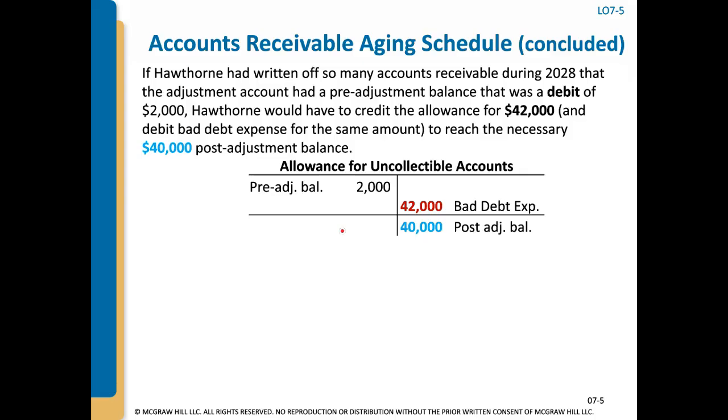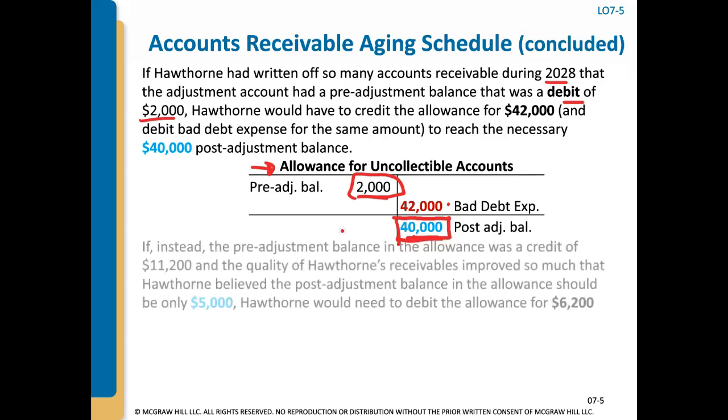If Hawthorne had written off so many accounts receivable during 2028 that the allowance account had a debit balance of 2,000, and we still need a $40,000 ending balance in our allowance for uncollectible accounts, then in that situation we would debit bad debt expense for 42,000 and credit the allowance for uncollectible accounts for 42,000, so that the ending balance is a credit balance of 40,000.